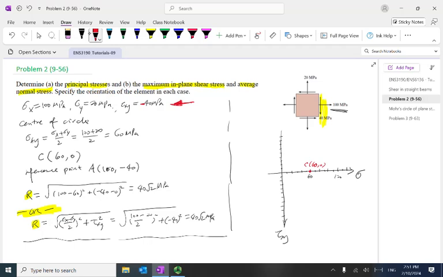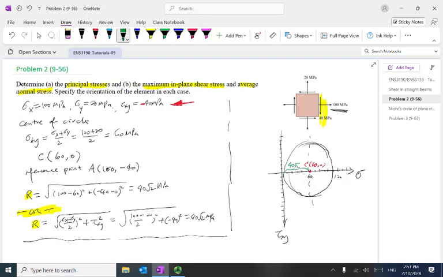You can work out by yourself. Now you can see the radius roughly reaches here, so the circle is roughly like this. Let's say the radius is roughly 40 root 2.